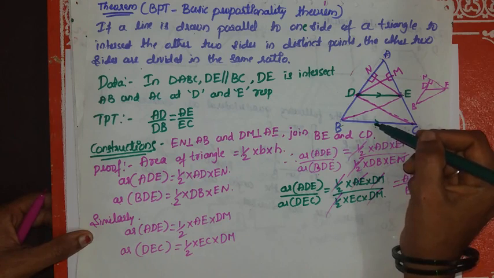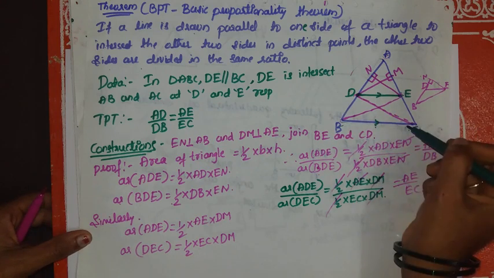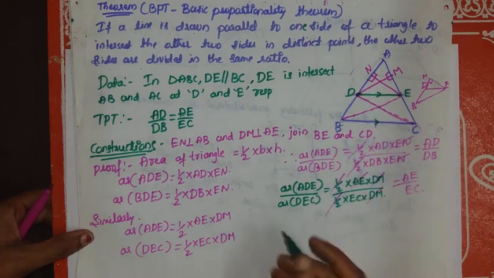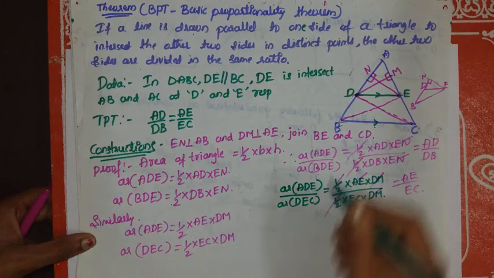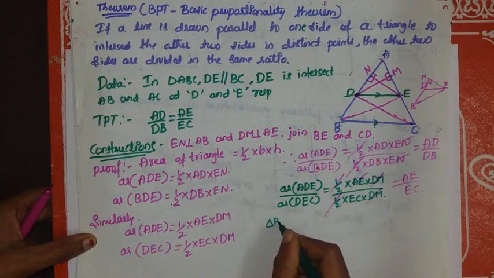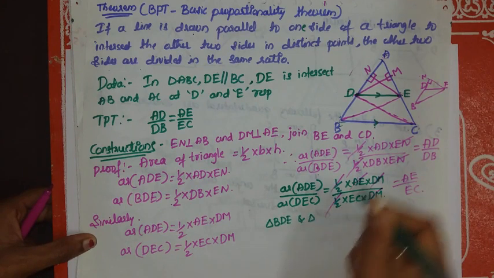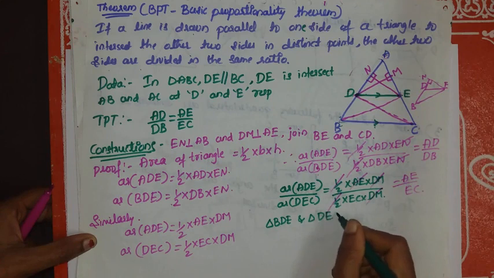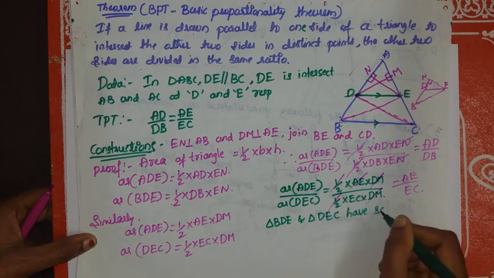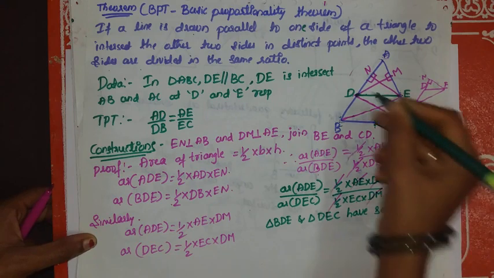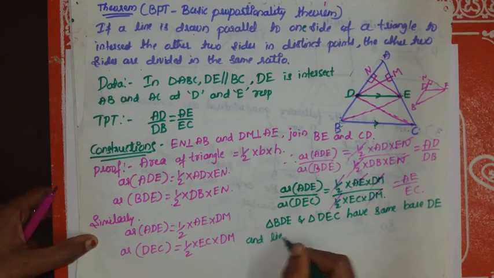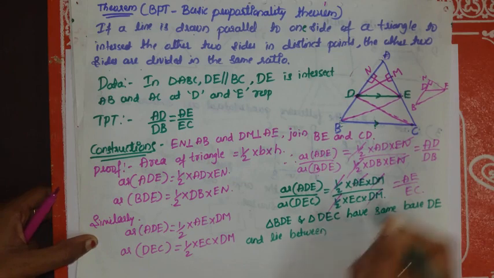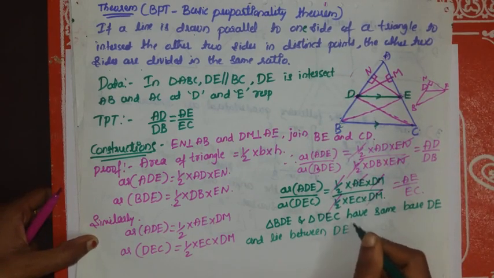We have learned in 9th standard that triangles on the same base and between the same parallels have equal areas. So triangle BDE and triangle DEC have the same base DE and lie between two parallels, DE parallel to BC.